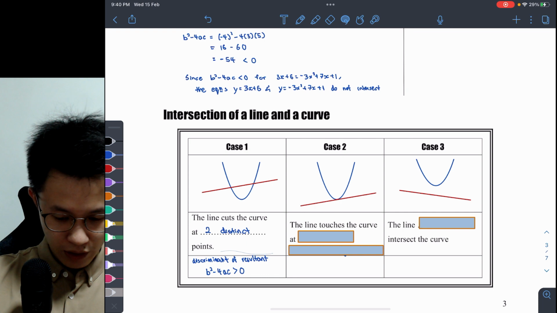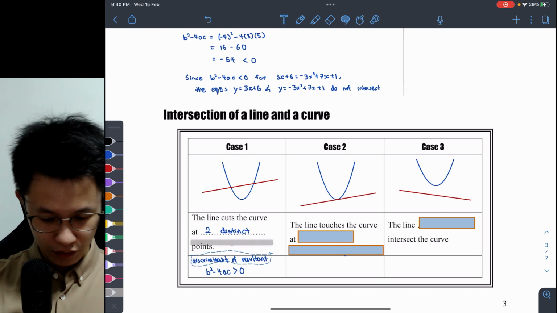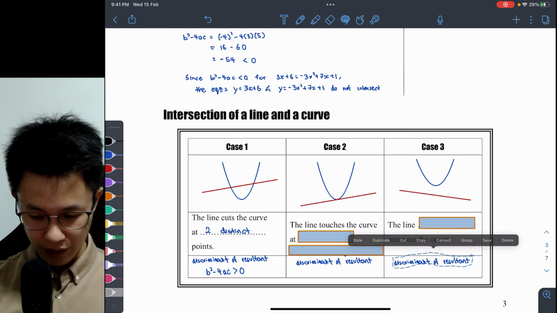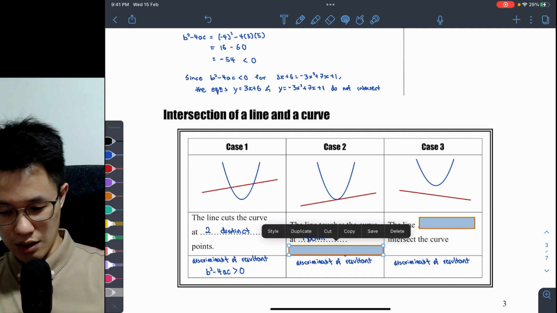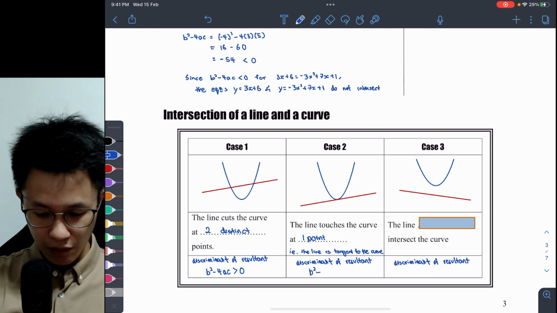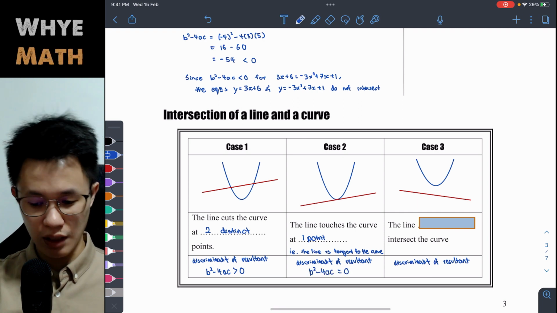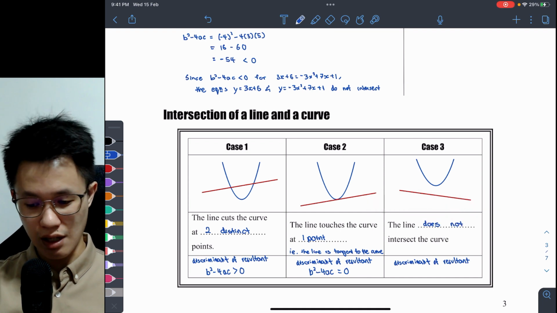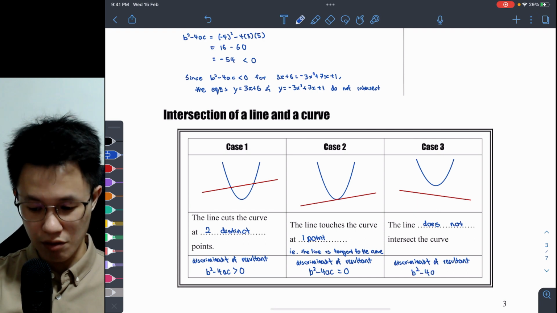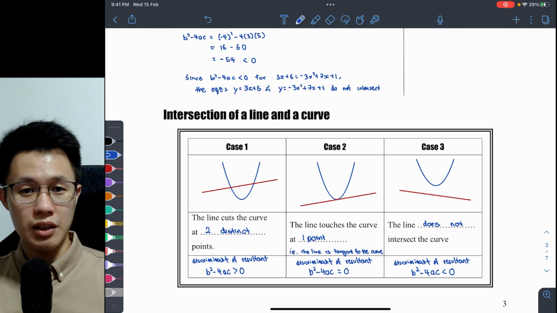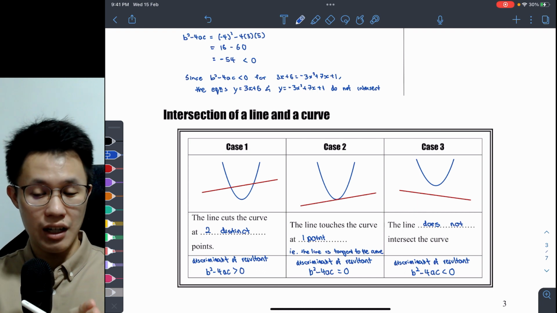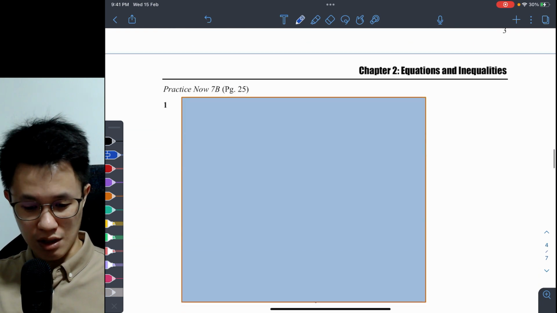The second case is if it touches at only one point, b squared minus 4ac will be equal to 0. And last but not least, if the line does not even intersect the curve, the discriminant will be less than 0. This is how you can use the discriminant to figure out whether a curve and a line intersect at 2 points, 1 point, or don't intersect at all.